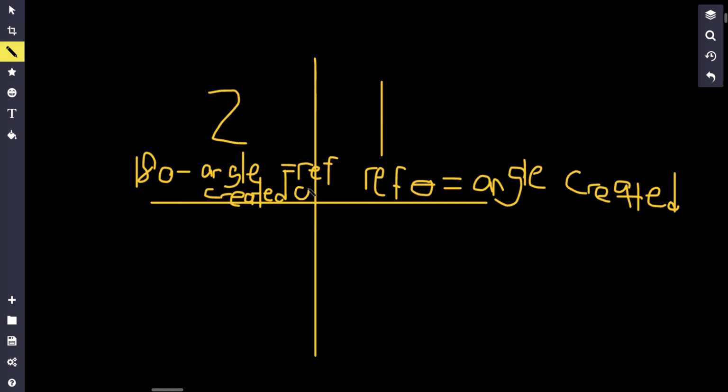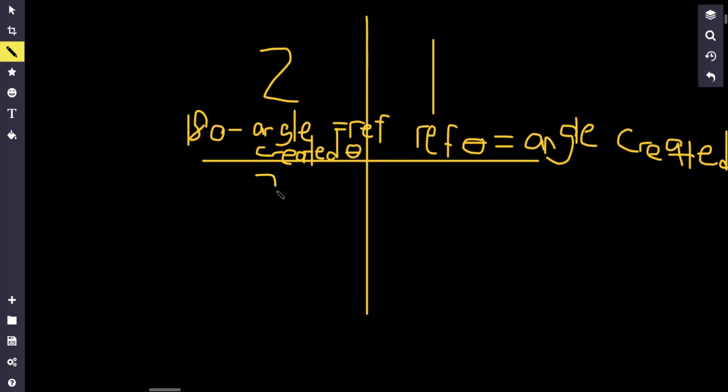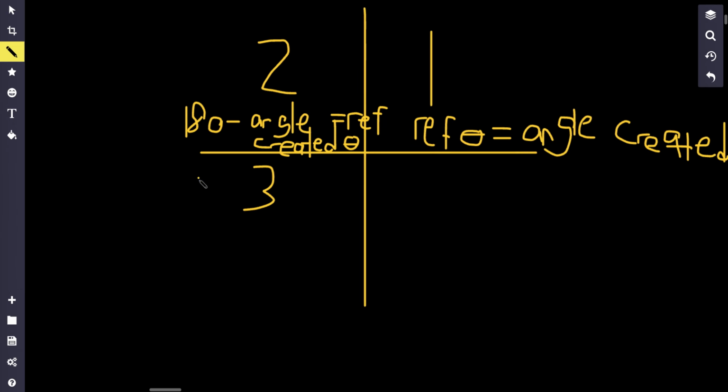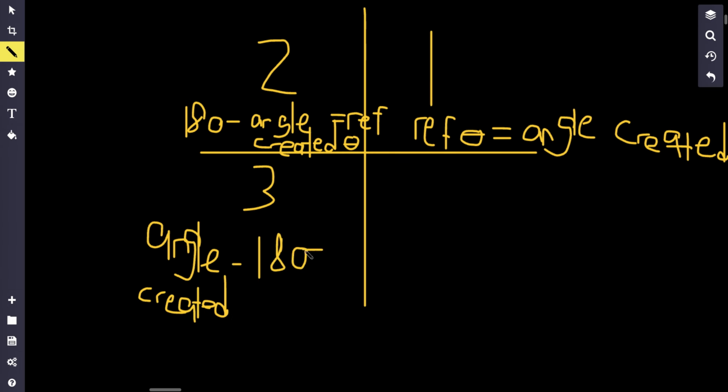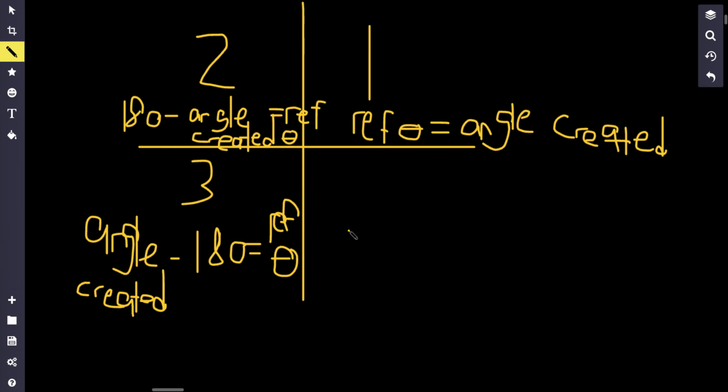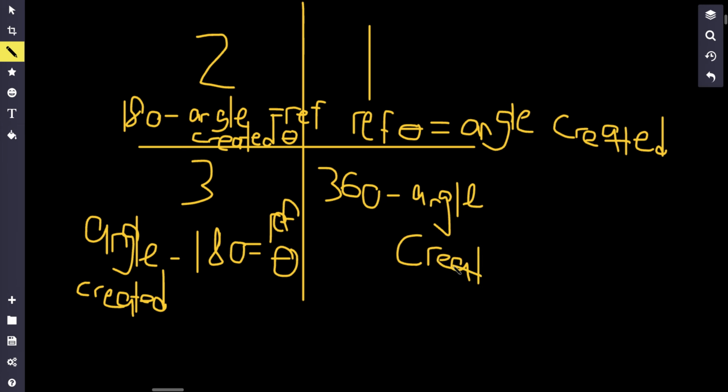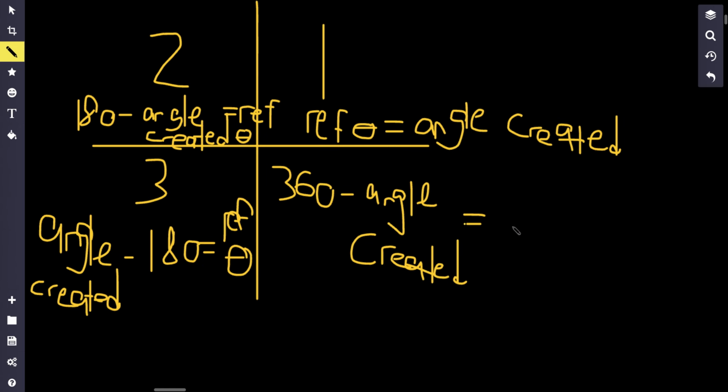If you're in quadrant 3, you take your angle and subtract 180 from it to get the reference angle. Finally, if you're in quadrant 4, you take 360 and subtract the angle that you created, and that gives you your reference angle.